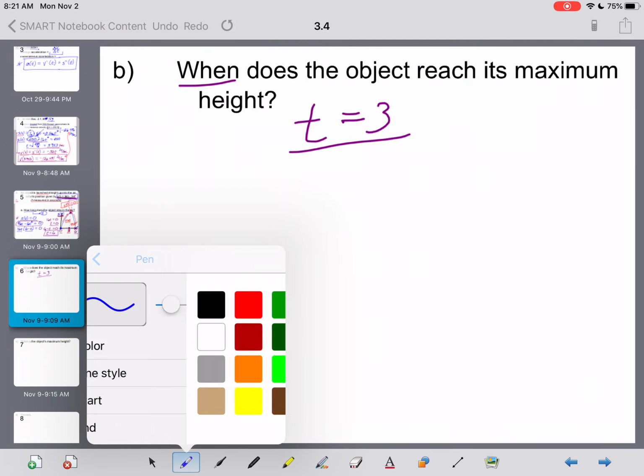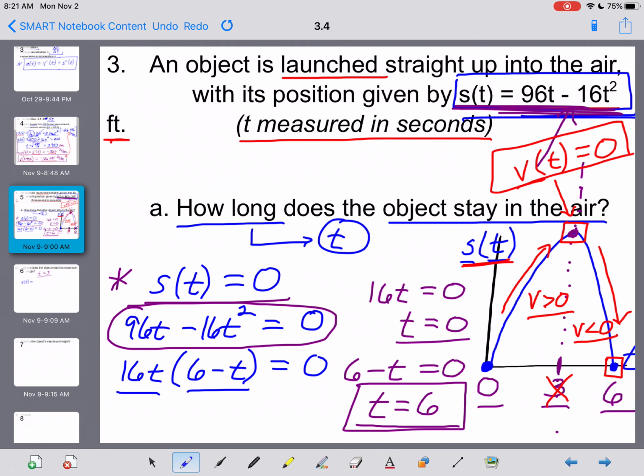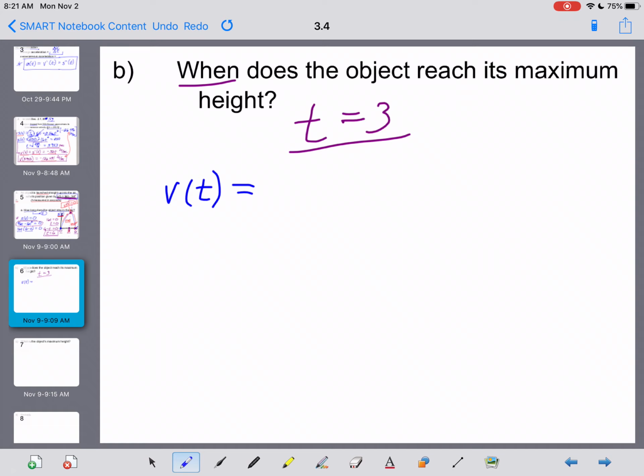So let's talk about how we're going to do this. To find a maximum height, we're going to take our velocity function, v of t, which I believe we said was, I never found the velocity function. That's why I couldn't remember it. Okay, in that case, let me not write that just yet. Let's go ahead and write our position function, which was given to us as 96t minus 16t squared.